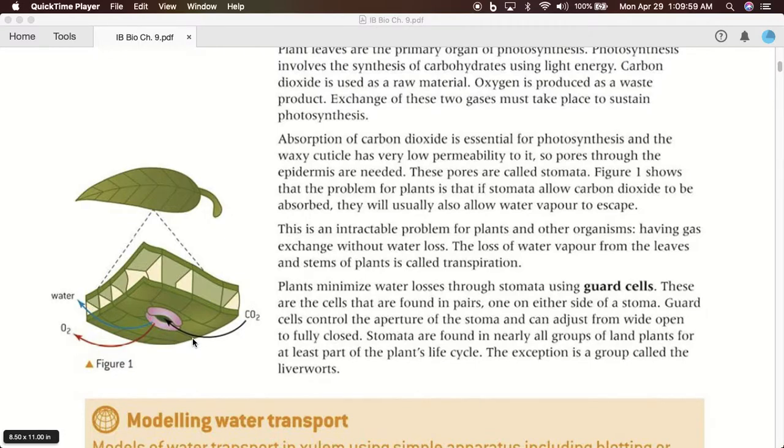And when there's not a lot of water, then the guard cells become flaccid and the stoma close. And less CO2 is allowed in and less oxygen is allowed out. And the reason for this is that every single time these stoma open, water is also lost from the plant to the atmosphere, and that water loss is called transpiration.